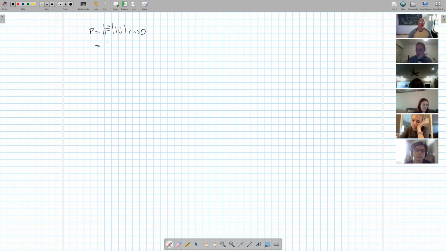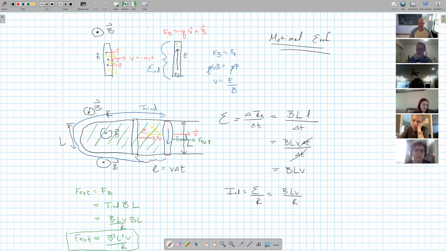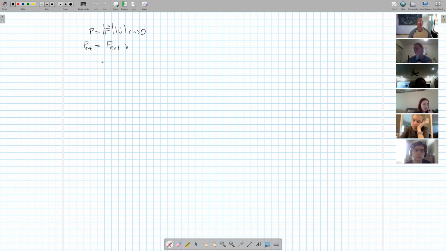Here, the power required externally is going to be the external force times the velocity times cosine of the angle between the two. But here, as we can see, the external force is in the same direction as the velocity, which means that the angle between the two is simply equal to 0. So this is just going to be the external force times the velocity. That's going to be equal to B squared times L squared times V squared, all divided by the resistance. So this is the external power required to move this rod at constant speed.